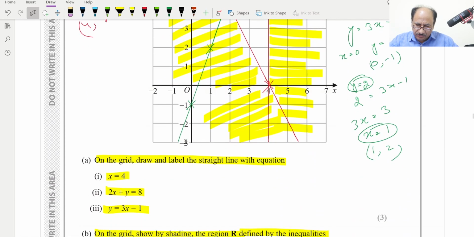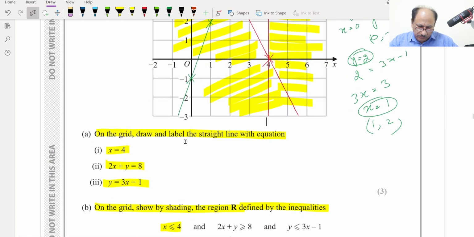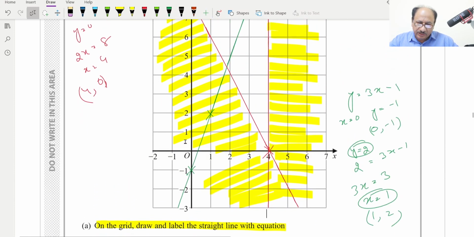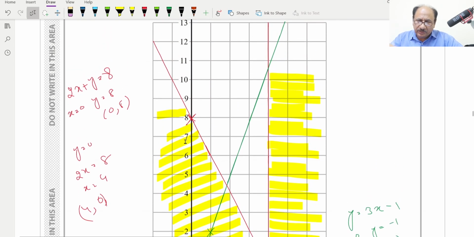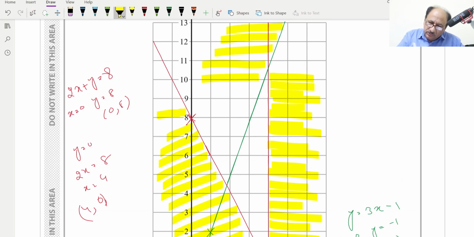Now for the third line, y is equal to 3x minus 1. So we will be highlighting this upper portion. This portion we don't require.